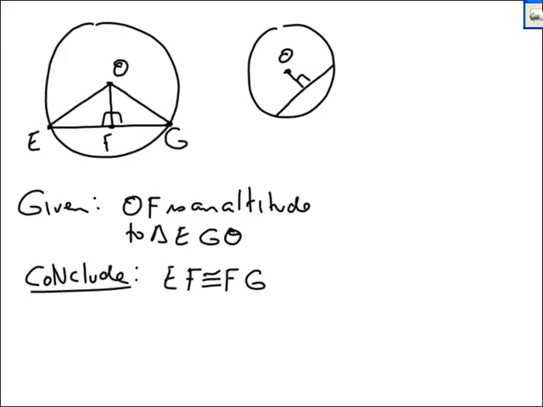And in fact, it cuts the chord in half. Well, actually, we don't even have to say that. We know that these hypotenuses are the same. Why? Because they're each a radius. They go from the center to a point on the circle.